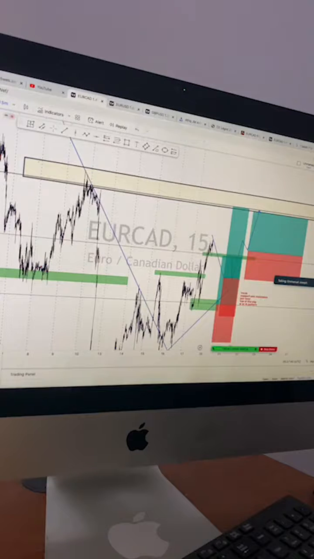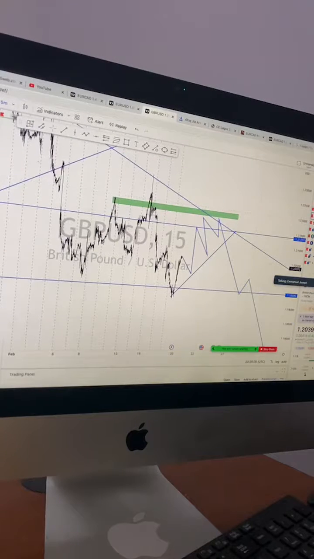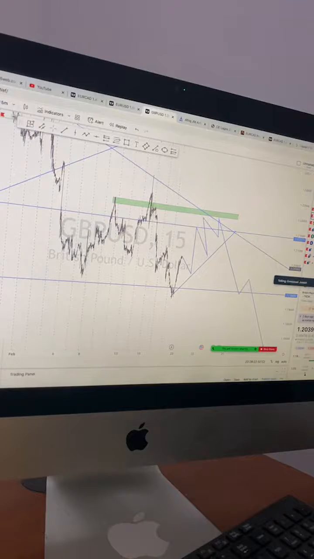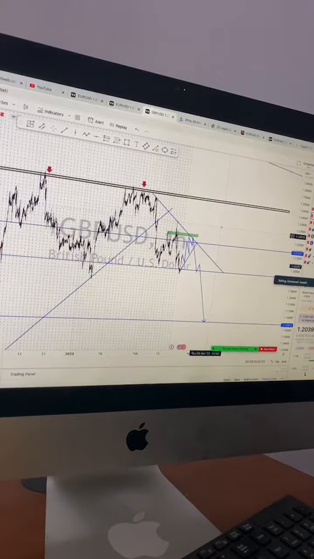Now the next trade that we want to look at, we also looked at pound USD. If you come on the daily time frame, or the hourly time frame, or any other time frame, you can see that we're already in a certain direction.